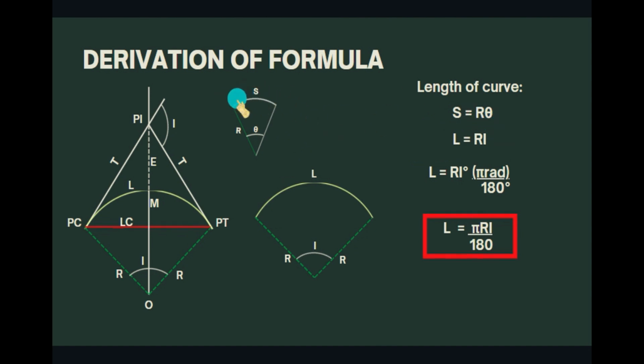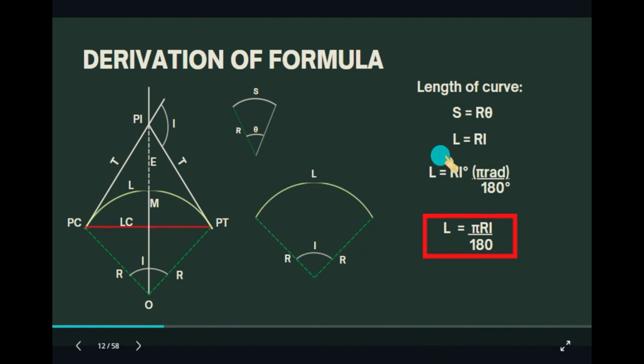The example shown is from a sector of a circle in which the arc is labeled S with radius R and angle theta. We'll be applying this formula to compute for the L, or the length of the curve. In this case, S would be our L, with the radius R, and theta would be the central angle I.